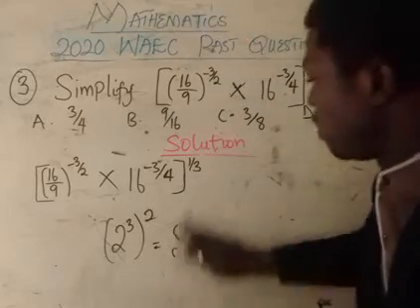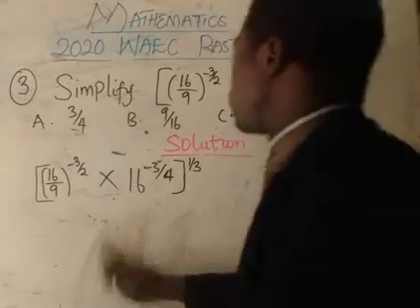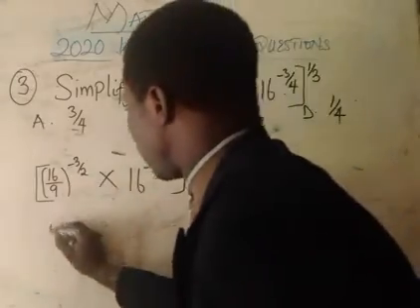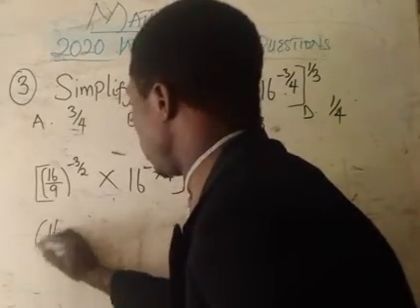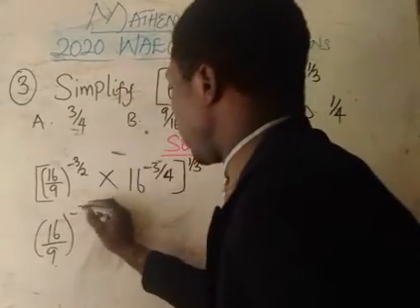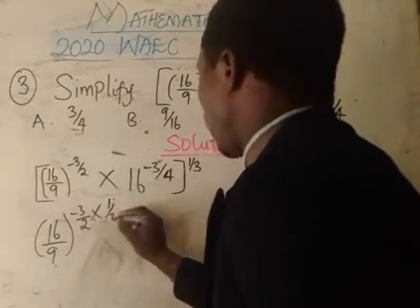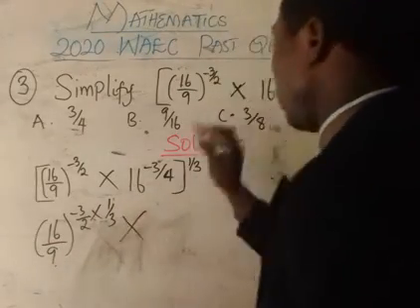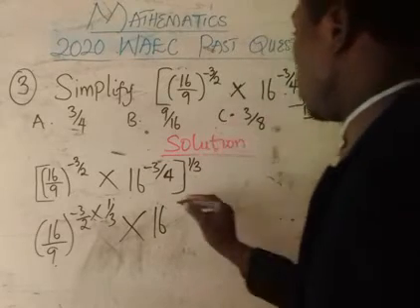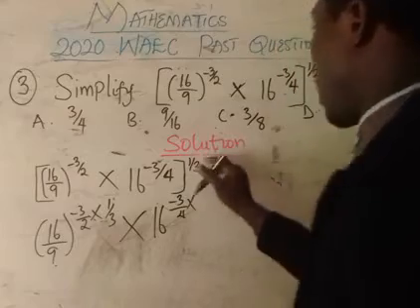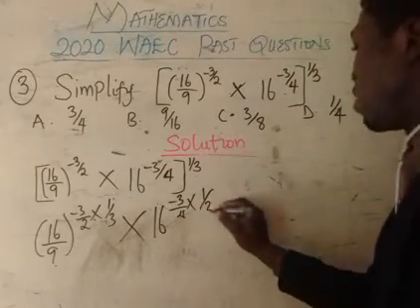So that is simply what we're going to do here. So we have 16 over 9, everything raised to the power of negative 3 over 2 times 1 over 3, multiplied by 16 raised to the power of negative 3 over 4 multiplied by 1 over 3.